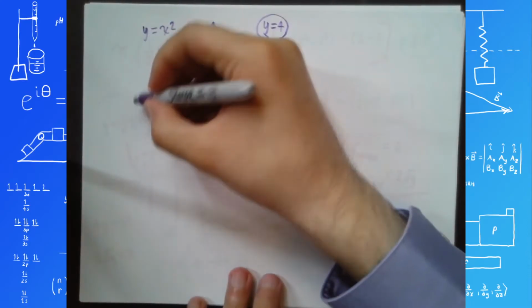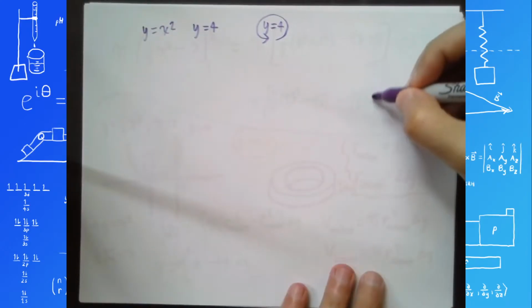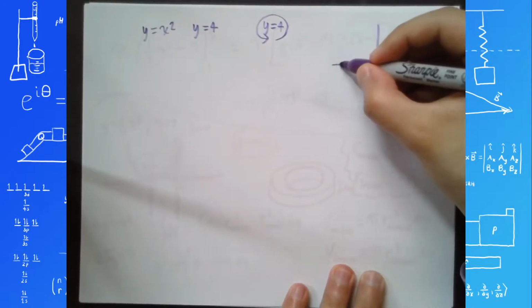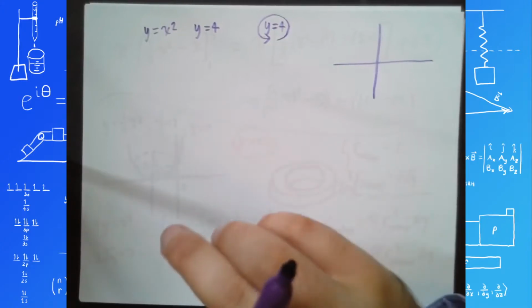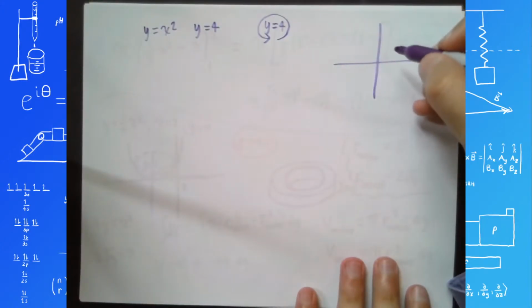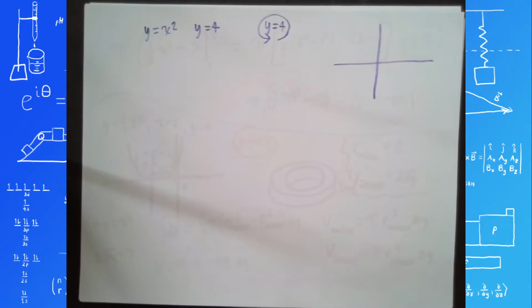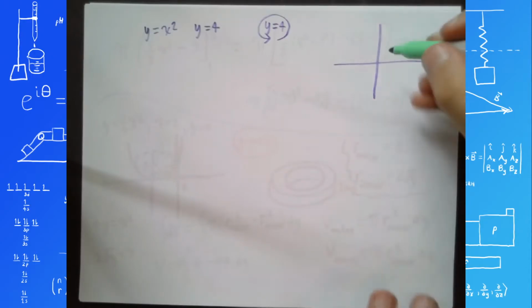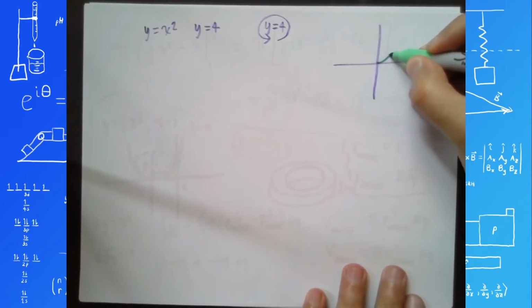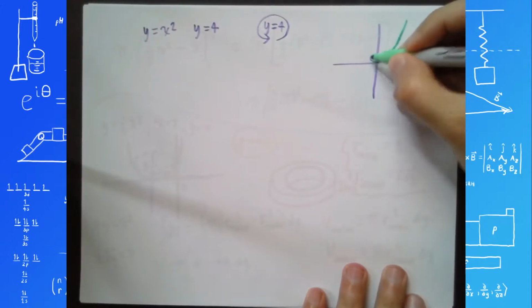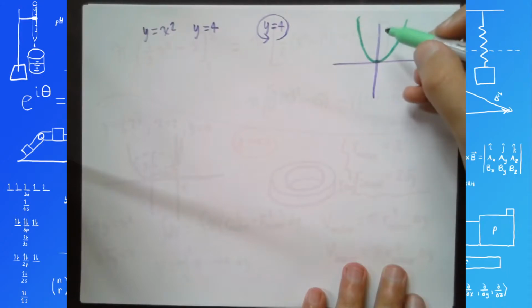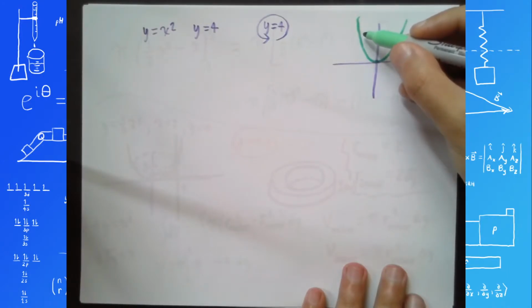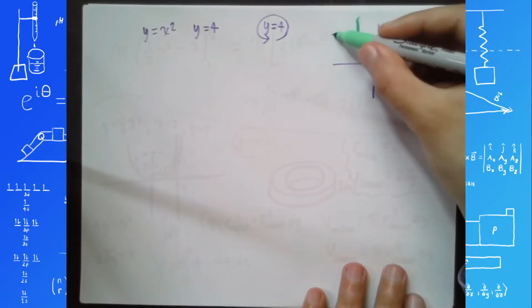So if I go ahead and draw my region, let's do that over here. We've got y equals x squared, which is going to look like this classic parabola. We've got y equals 4, which will occur around here.